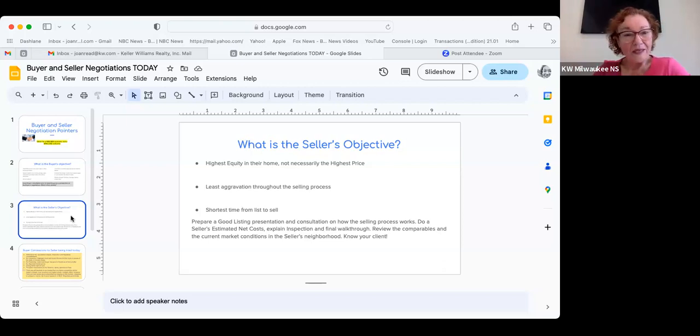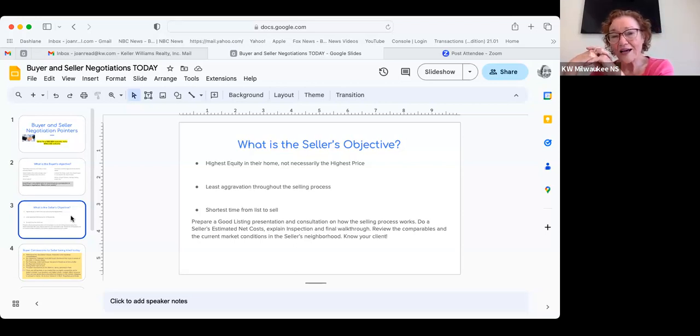They could not really be even mouthing this, that it could be something inherent in what they're looking for. But I learned that there are three main objectives of a seller, and that's to get the highest equity out of their house. Not necessarily the highest price, not necessarily the lowest commission.